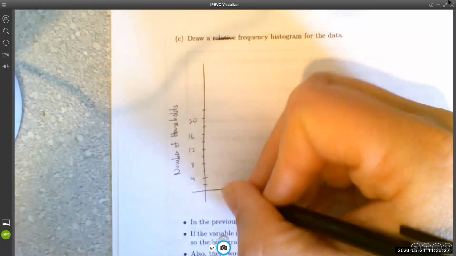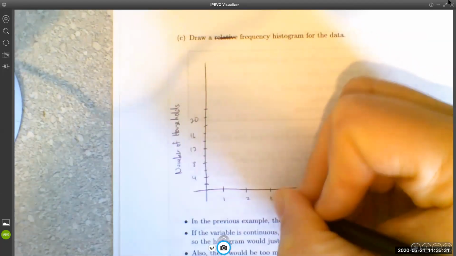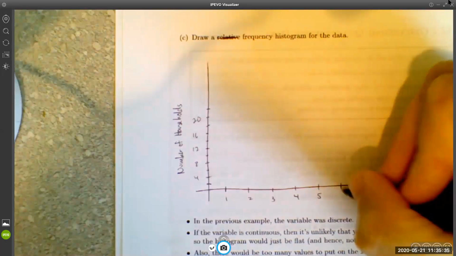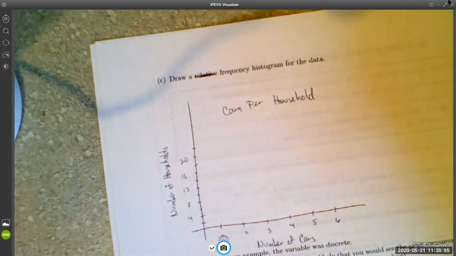If I put a mark here, then it's going to represent 1, 2, 3, 4, 5, and 6. So this is going to be the number of cars. And as far as titles go, we can call this cars per household.